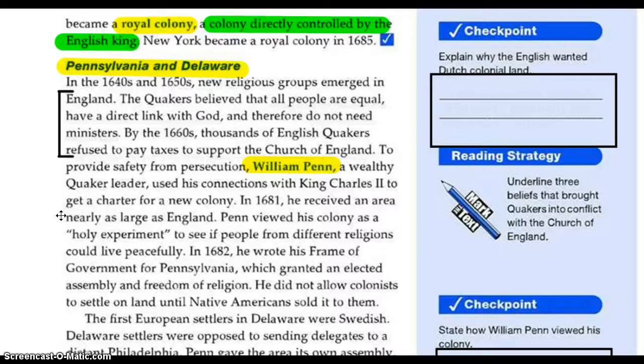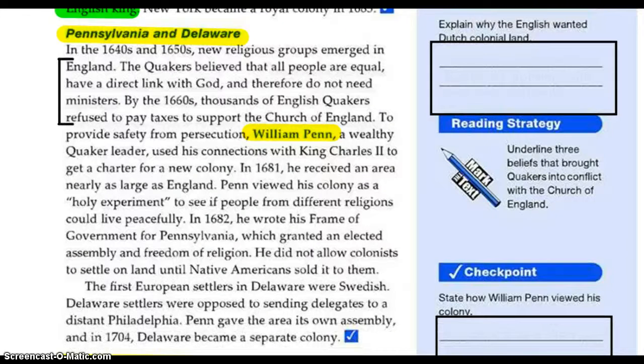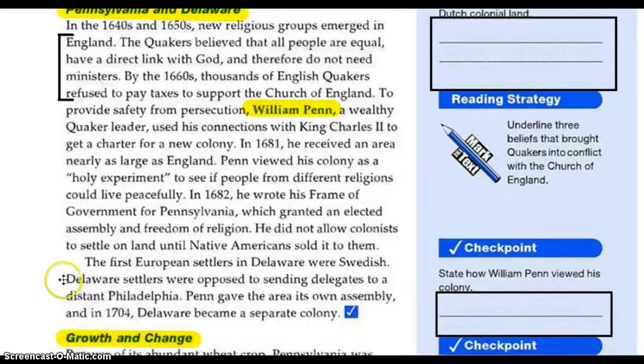He did not allow colonists to settle on land until Native Americans sold it to them. The first European settlers in Delaware were Swedish. Delaware settlers were opposed to sending delegates to a distant Philadelphia. Penn gave the area its own assembly, and in 1704, Delaware became a separate colony.